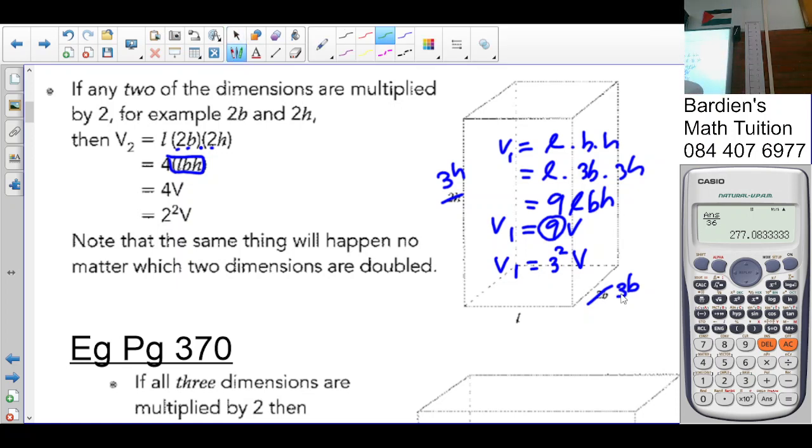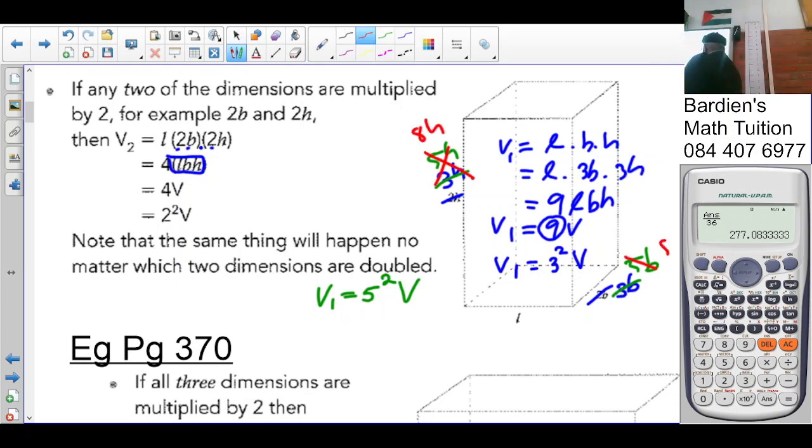What do you think? What would it be if I went with 5h and 5b? What would this have been now? 5 squared b. Not so? What if I said 8h and 8b?